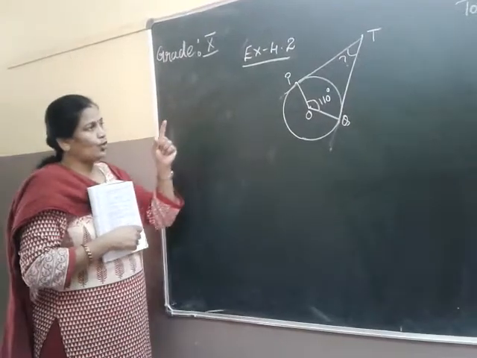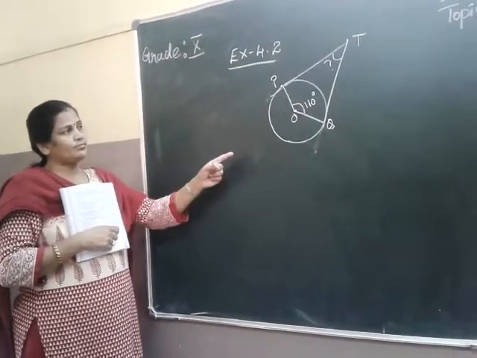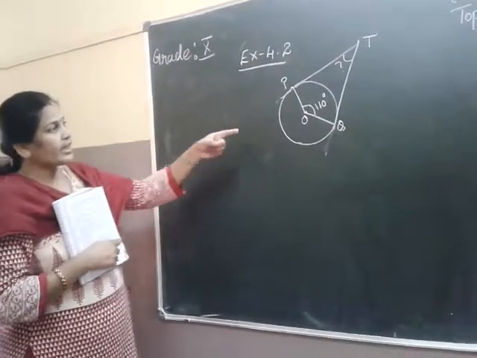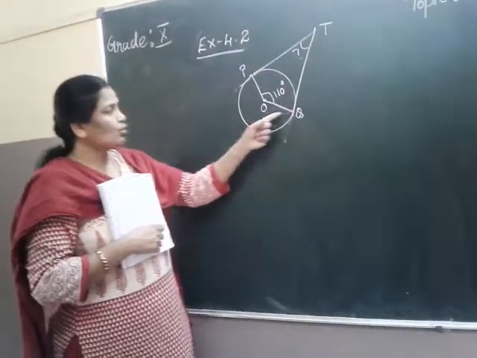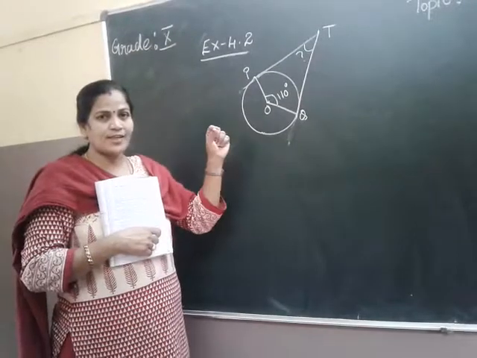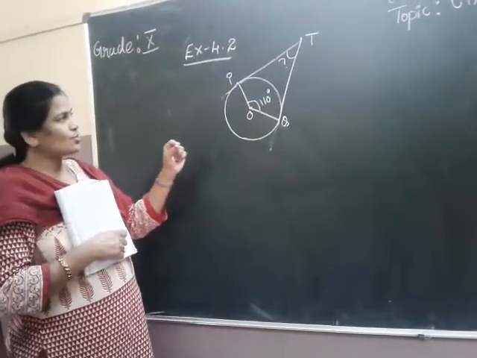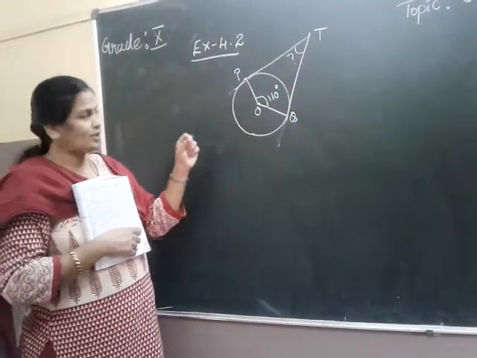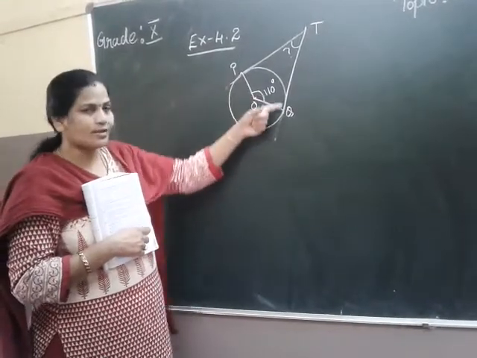Listen, children. If you see the figure, what do you understand? This is a cyclic quadrilateral. A cyclic quadrilateral means the figure whose four sides lie on the circumference of the circle.